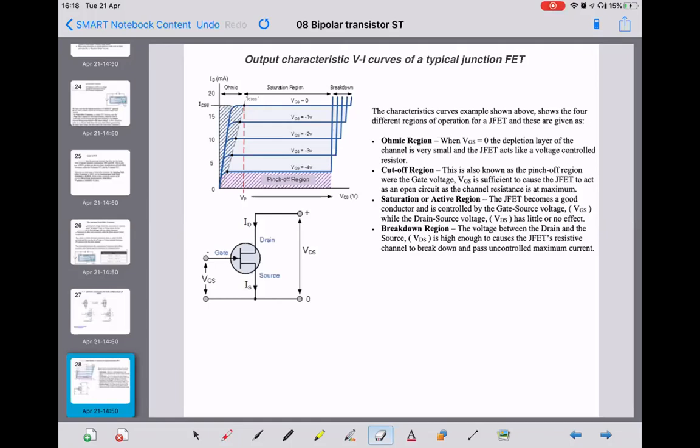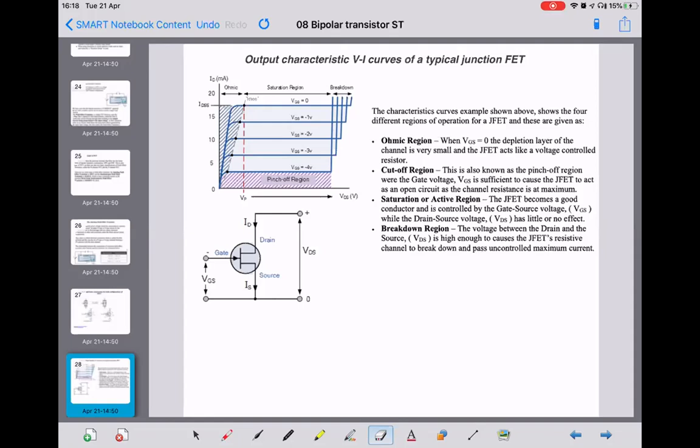So that diagram again is showing you the drain-source voltage versus drain current curves for different values of gate voltage. The higher the gate voltage is, the less the maximum current is that you can have from drain to source.